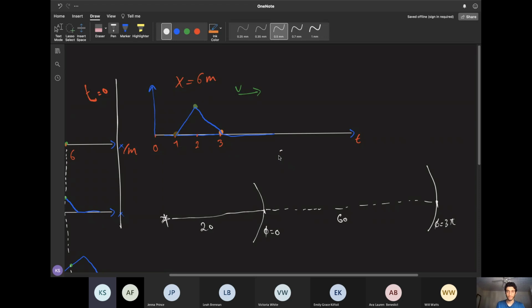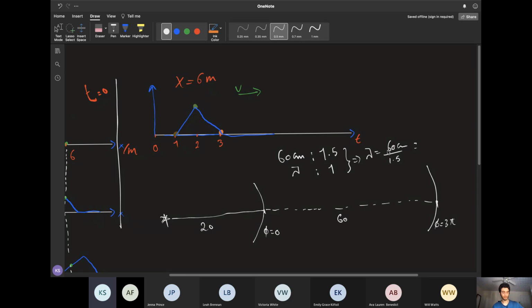So 60 centimeters corresponds to 1.5 waves. If you want to find the wavelength for one wave, just simply do that. That means that lambda is equal to 60 centimeters divided by 1.5.